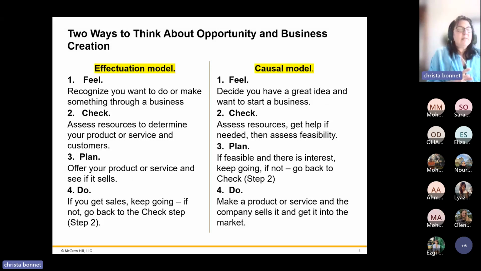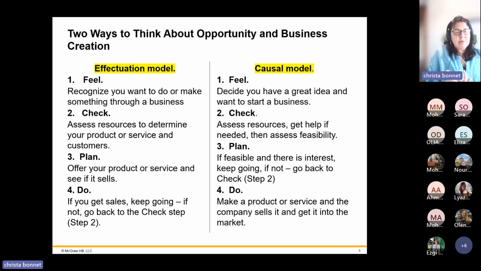If we look at step 3, which is plan on both sides. On the effectuation model, under plan they offer the product and service and see if it sells. So it is a wait and see.